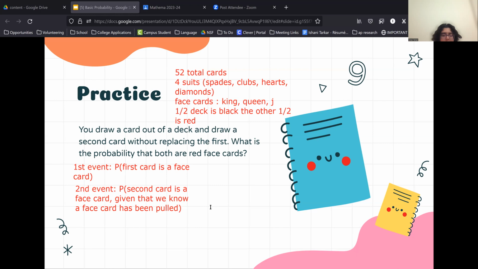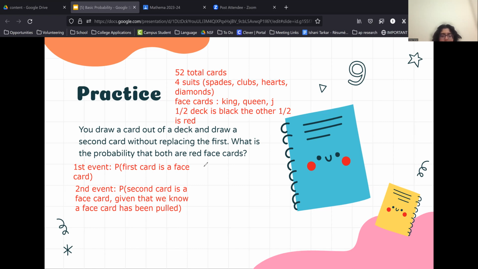And this would be equal to the probability that the first card is a face card times the probability that the second card is a face card. So we want to multiply these two together.